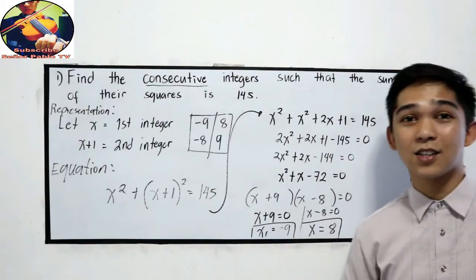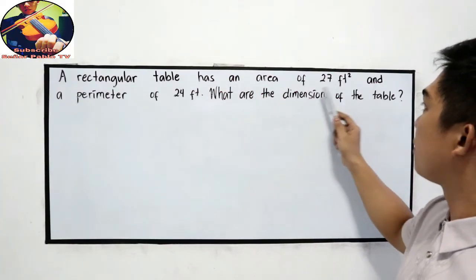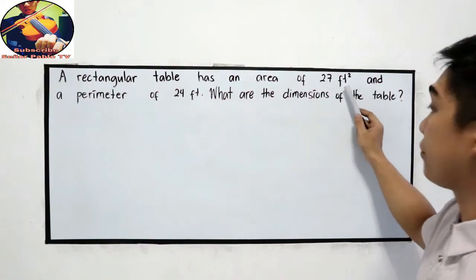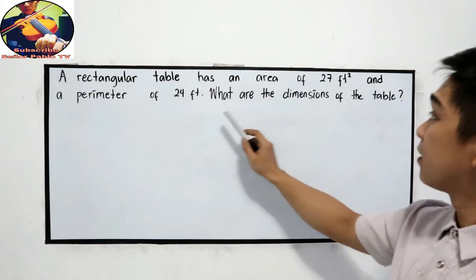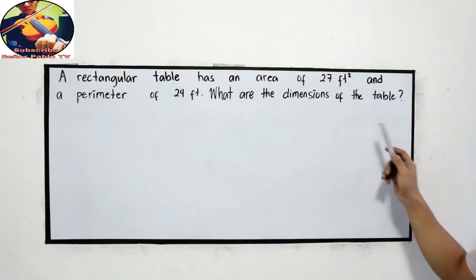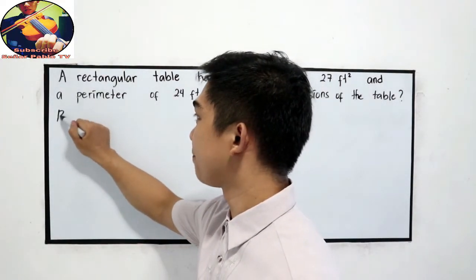This is the consecutive integers. A rectangular table has an area of 27 square feet and a perimeter of 24 feet. What are the dimensions of the table? So, start tayo sa ating representation.